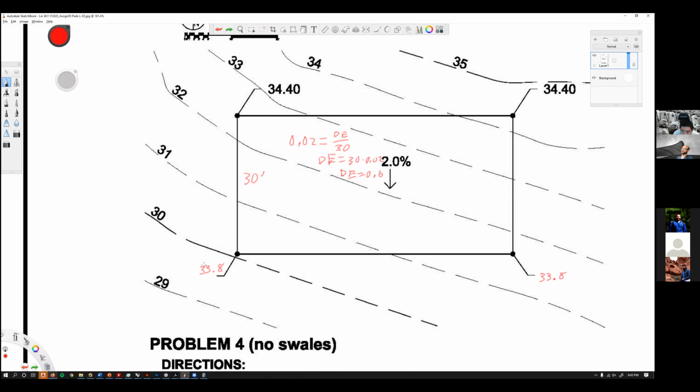We're looking for 34. We have 33.8, plus 0.2 is 34, plus 0.2 is 34.2, and then we have our 34.4. If we split this into thirds, instead of doing math with the slope formula, we can just split 30 feet into thirds, and we know that the 34 is going to be 10 feet away from this 33.8.